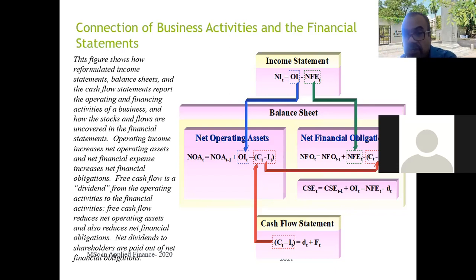the free cash flow that has been utilized for lending or borrowing with outsiders. So that determines ultimately the final amount of net financial obligation, provided that the dividend is zero or distribution is zero.